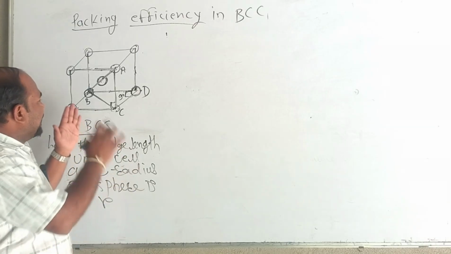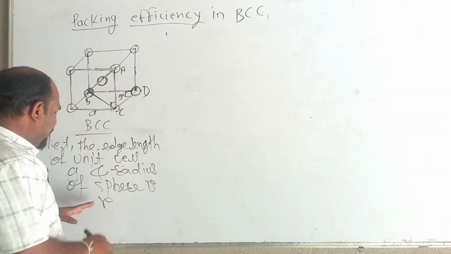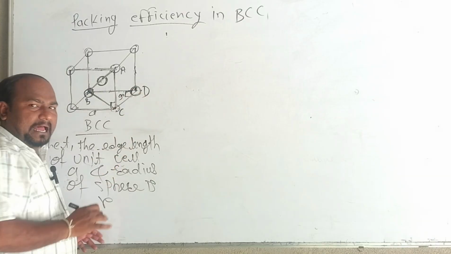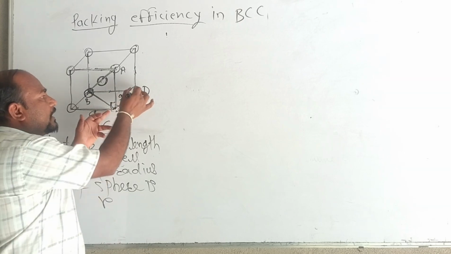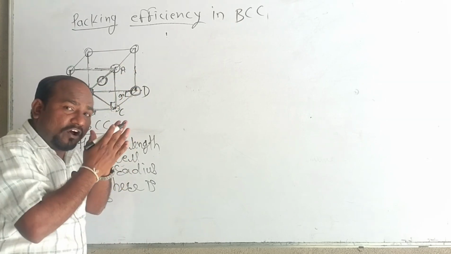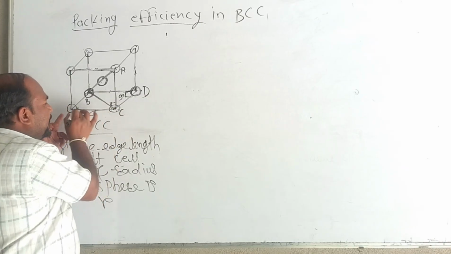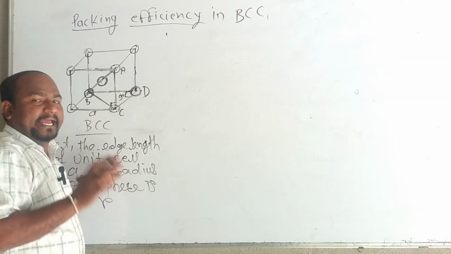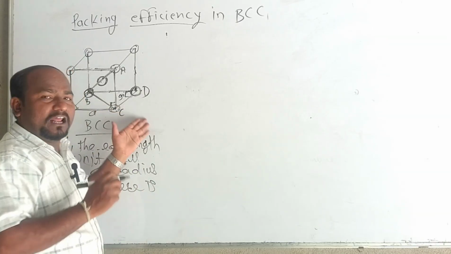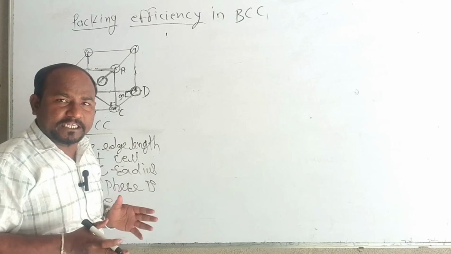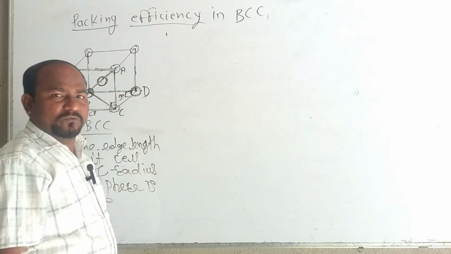Okay, so any edge length of this unit cell is considered as a and the radius of this sphere is r. But you have to understand that each and every sphere in this unit cell is not far away from the others. For understanding, we have joined these pairs by lines, but actually all these spheres touch one another, because this is all about solids, and we know that in solids, spheres or particles or molecules directly touch one another.